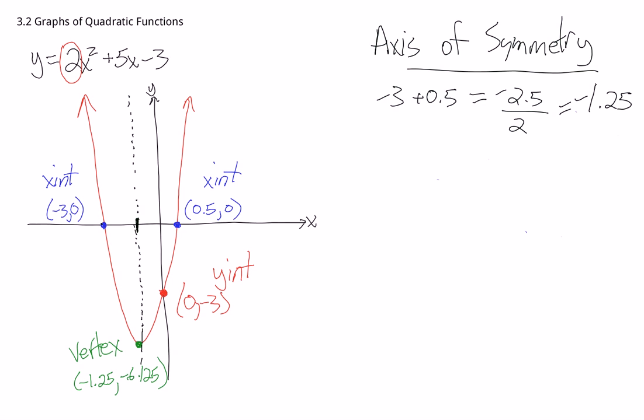So you can do it that way. You can take any two points and just average them, or figure out what's in the middle of them. Or the easier way is to look at your vertex location, and you can see the first value of the vertex, the x-coordinate, is going to be your axis of symmetry.